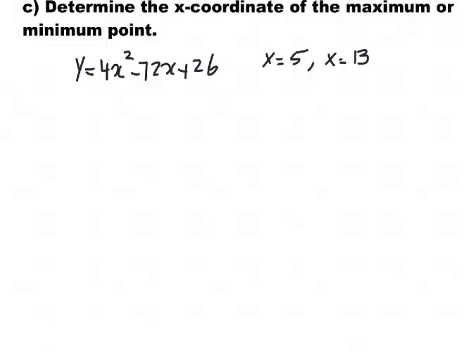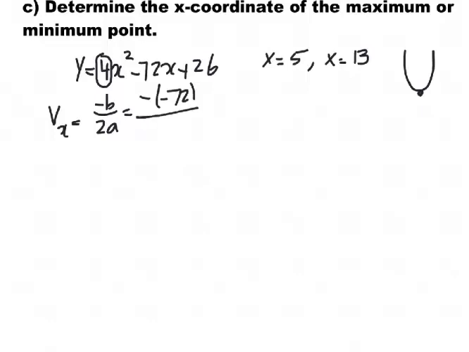The next question says, determine the coordinates of the maximum or minimum point. We said previously that since the leading coefficient is 4, which is greater than 0, the parabola opens upward, so it is a minimum point. To find the x-coordinate of the vertex, I can use two methods. The first one is v sub x is minus b over 2a, which is equal to minus negative 72 over 2 times 4, which gives me 72 over 8, which is equal to 9.